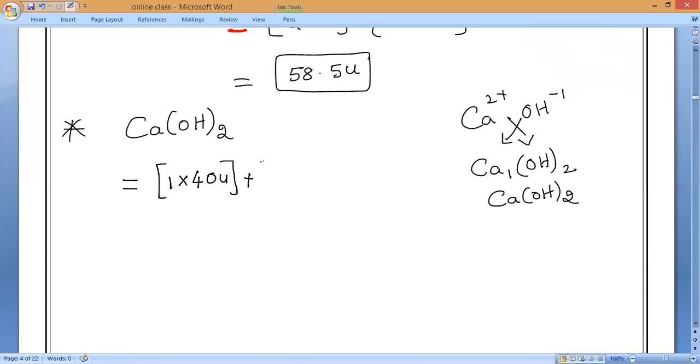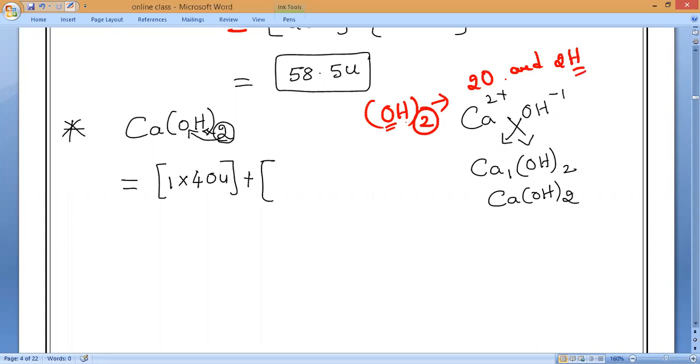Next, plus. Remember, whenever you get a 2 like this outside the bracket, it applies to both atoms present in the bracket. So what is the number of oxygens, 1 or 2? Two. OH twice means this 2 applies to oxygen and hydrogen also, meaning 2 oxygen atoms and 2 hydrogen atoms are present.